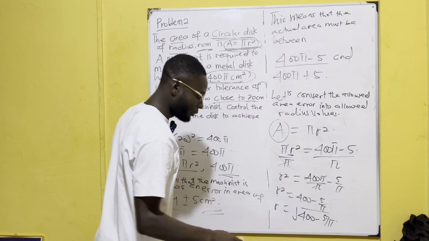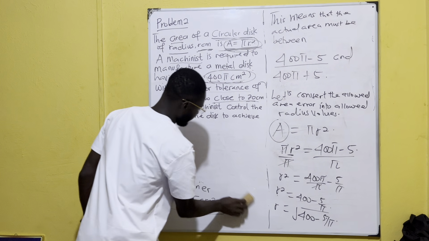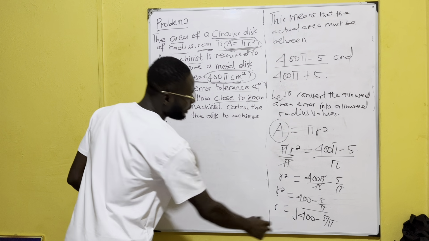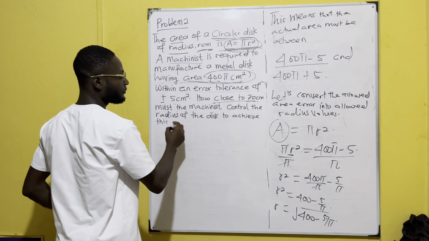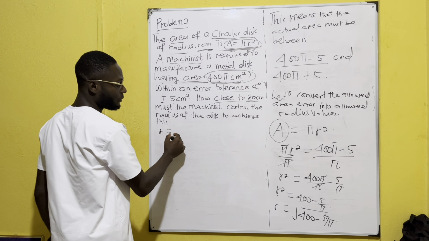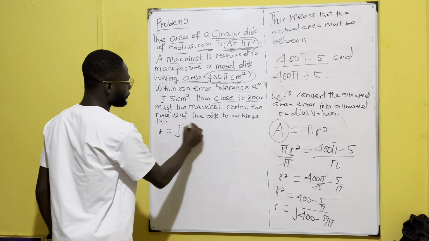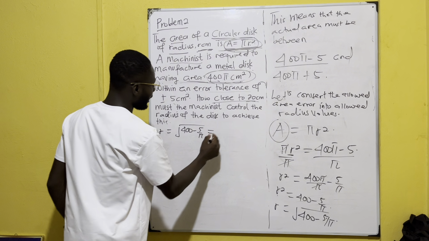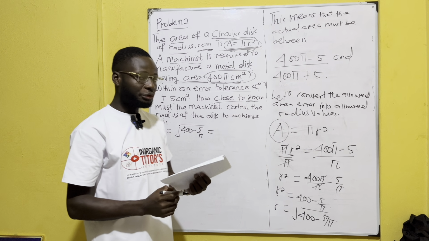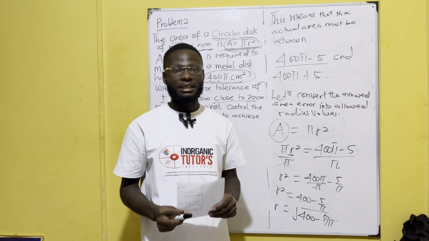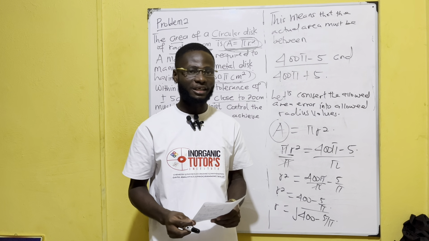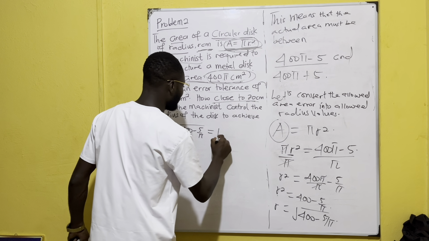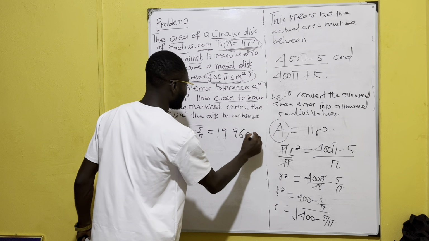So let's go this way. When you simplify this, we're going to have r equals square root of 400 minus 5 over pi. And you know that when you compute this nicely using your calculator, you're going to have 19.960.